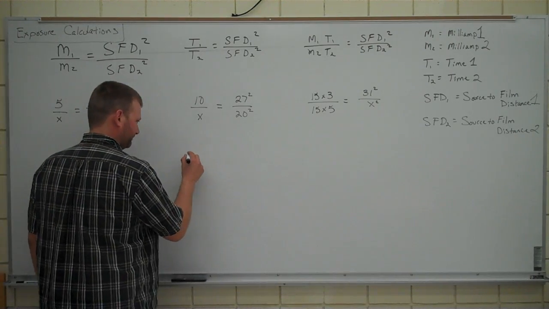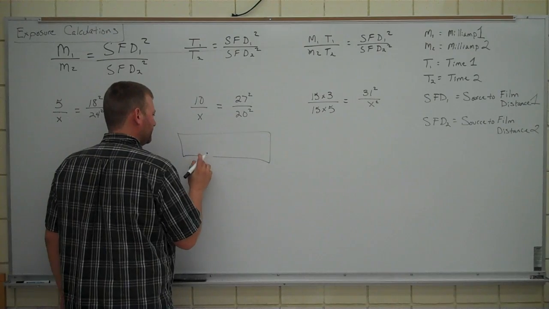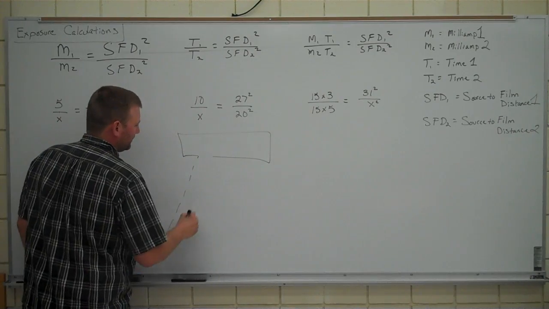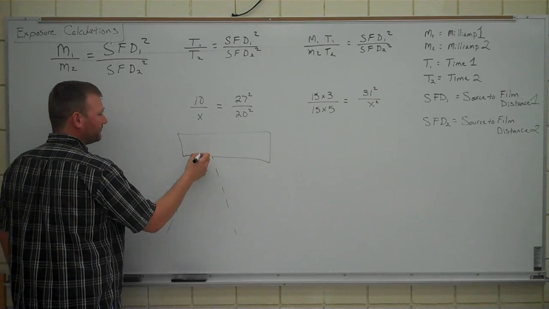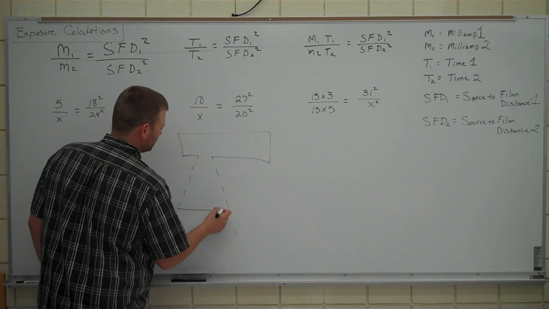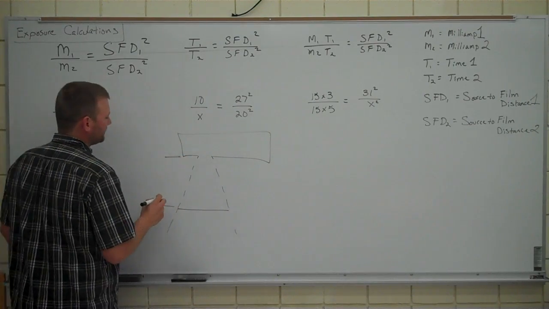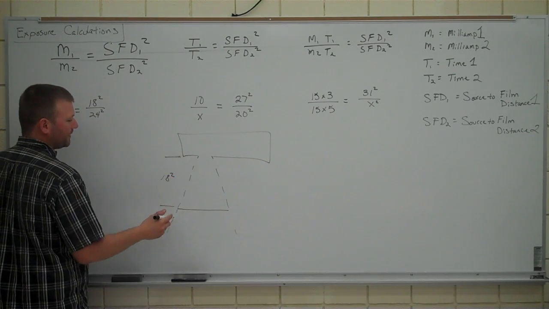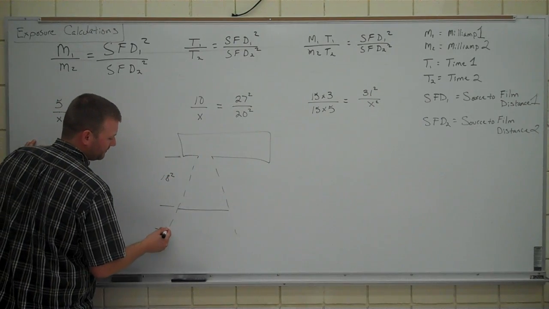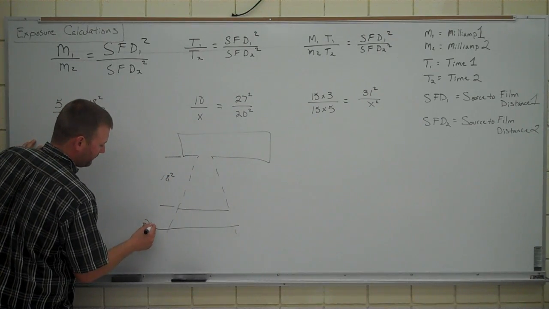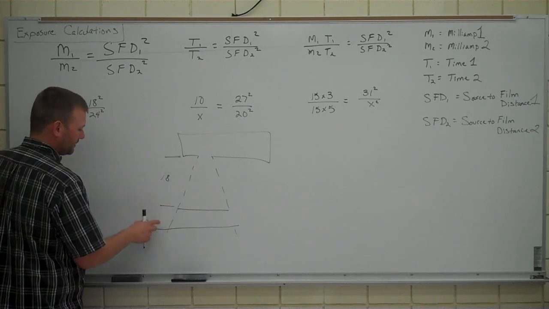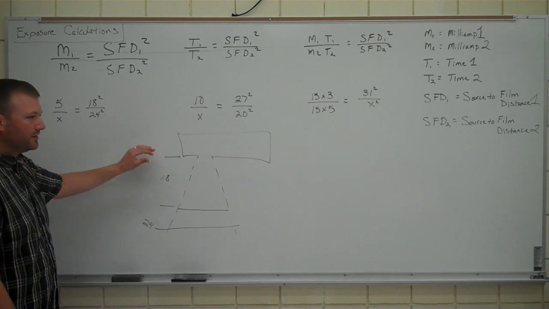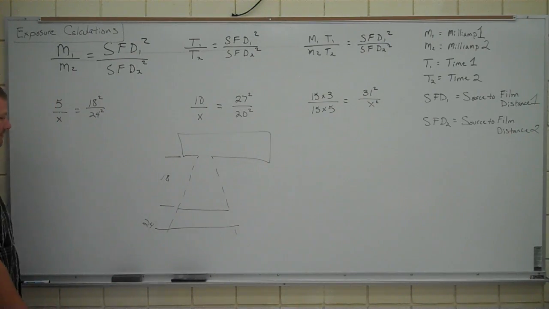If this is your X-ray tube, with a little window in here and inside all the inner workings, and a cone of radiation coming down, and we're measuring from this source to our film distance, for this first one we have a source to film distance of 18 inches to start with, and then we're going to move that down, trying to keep the same exposure, to 24 inches. We want to know how long it's going to take to get this same shot moving the film farther away. Okay?